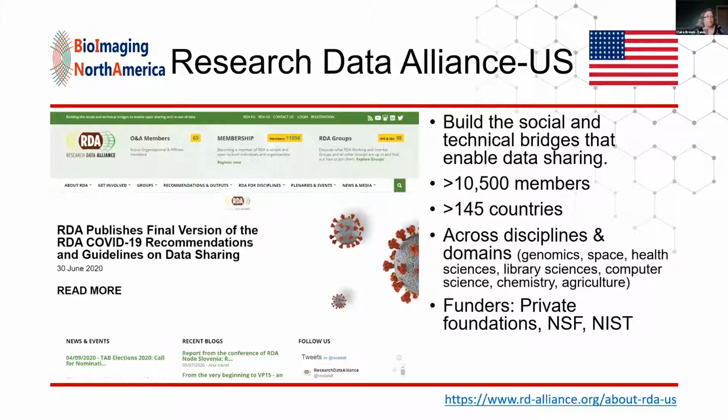So it goes from library sciences all the way to health sciences. And it's funded by private foundations, the NSF, and the National Institute of Standards and Technology. So although this is a really broad-reaching group, it's also challenging to offer significant funding and resources that may be field-specific when trying to reach across all scientific fields.